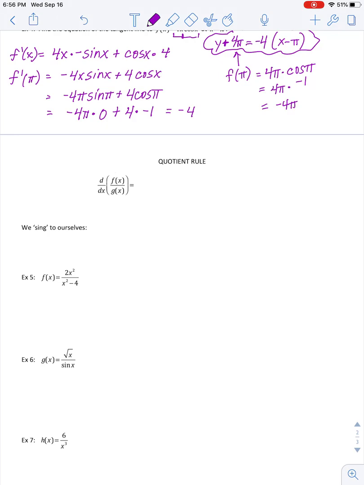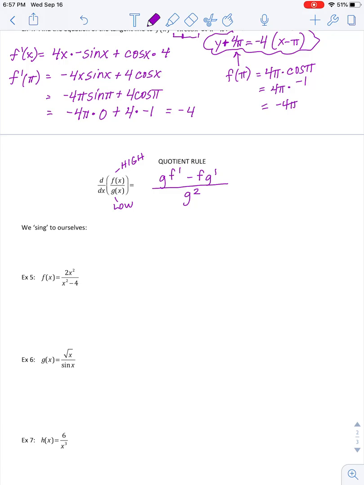When we write down the quotient rule, we're going to think of the bottom function as the low function, and the top function as the high function. And the little rhyme goes like this. It's low d high minus high d low all over the denominator squared we go.